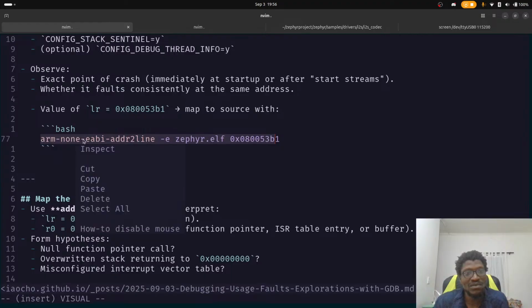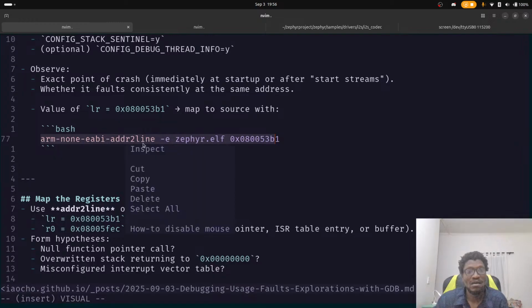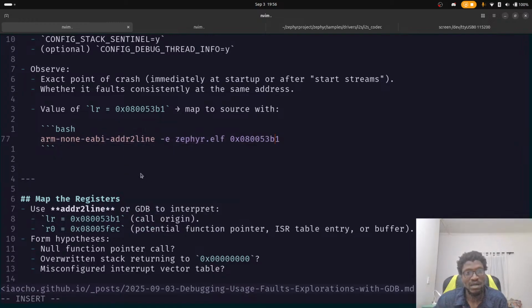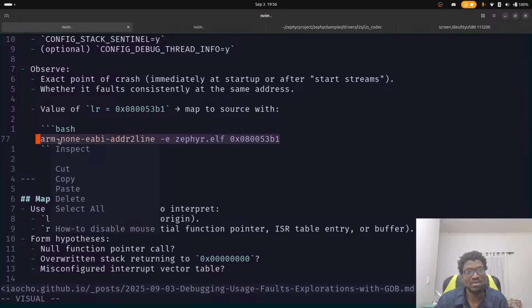If we copy this, Control Shift V, Control V. Is this copyable? Oh, okay. Sorry, because we're in insert mode, we can't copy.